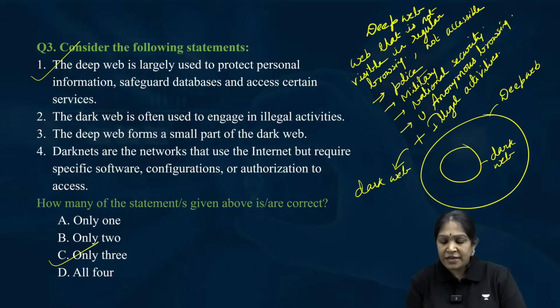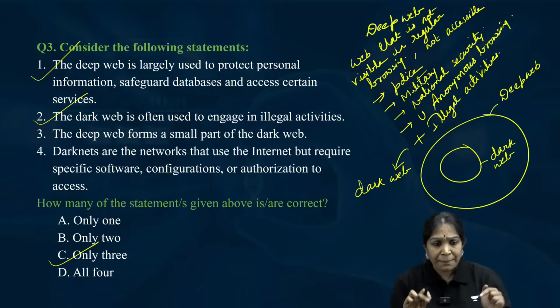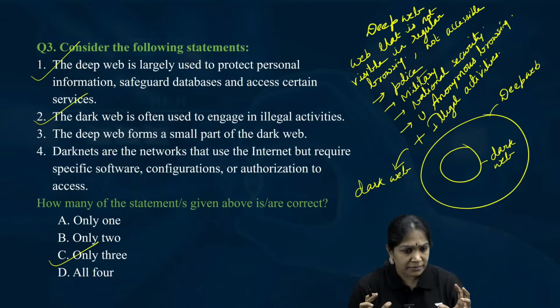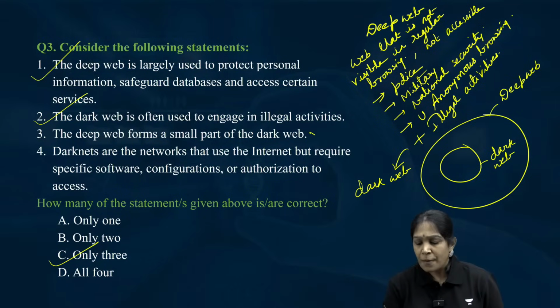Dark web is often used to engage in illegal activities, correct? Yes, correct. Deep web forms a small part of the dark web. No, opposite. Dark web forms a small part of the deep web.